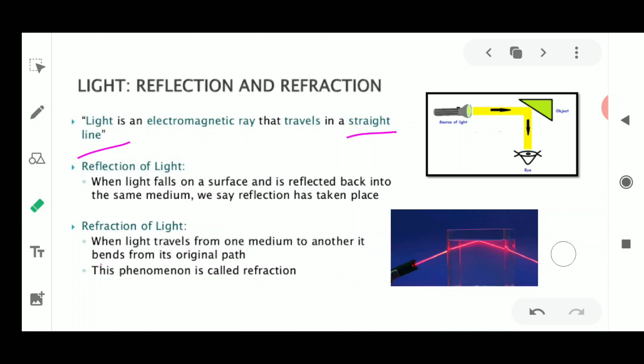This is a very common experiment. Or you can think of another one. Take a paper roll or a small pipe and look towards a light source in your room, either a tube light or a bulb. You will be able to see the light source through that pipe.